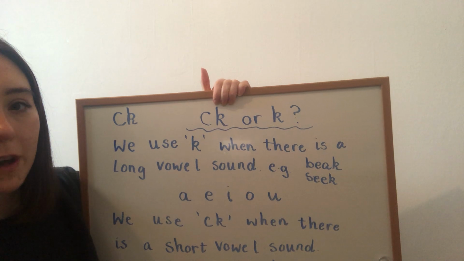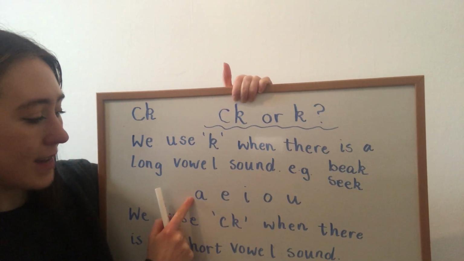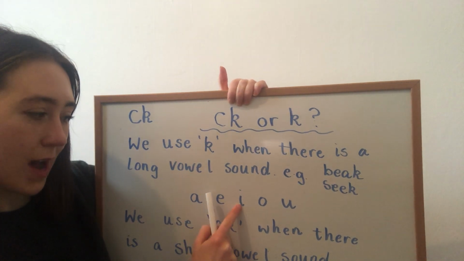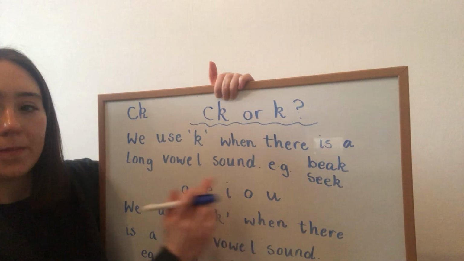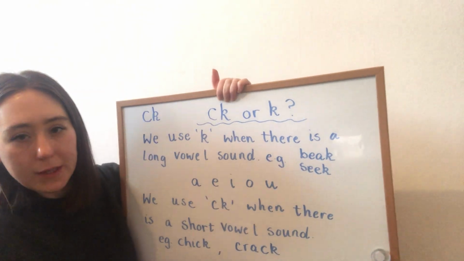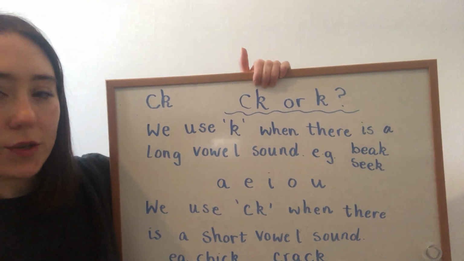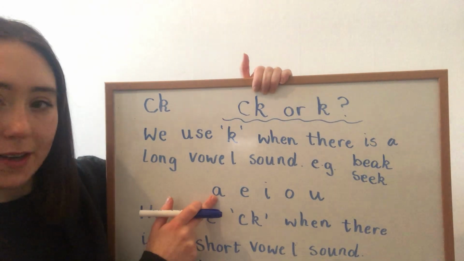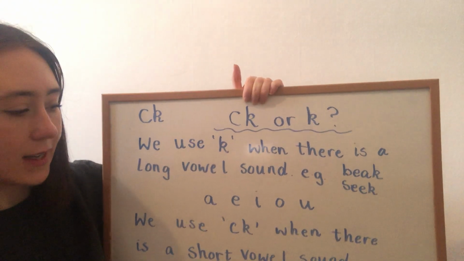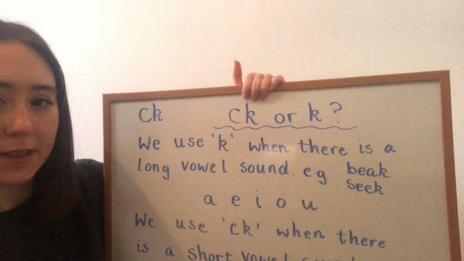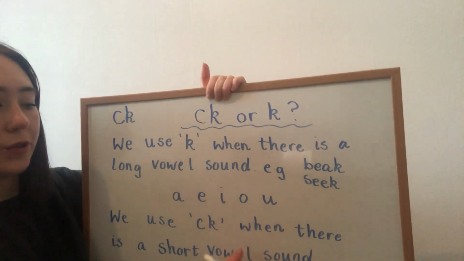Now long vowel just means A, E, I, O, U. So we know that these are all of our vowels, and long vowel means if we're saying its name and not its sound. So if it's a long vowel, it's A, not a. It's E, not e. It's I, not i. It's O, not o. And it's U, not u.